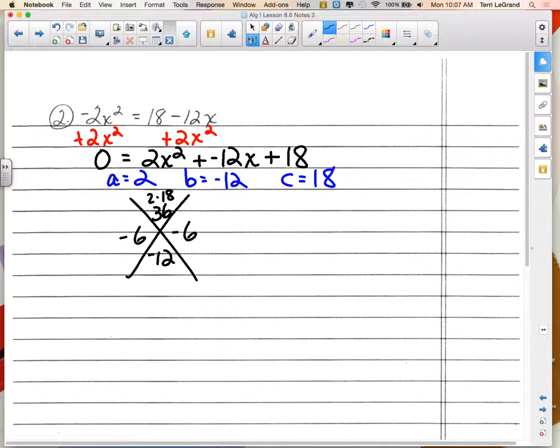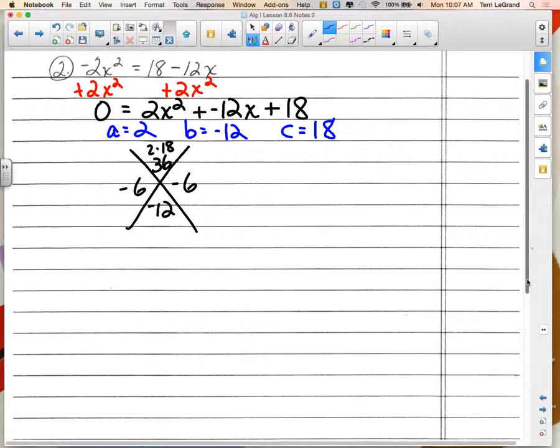We have to replace the middle term, so we are going to have 0 equals 2x squared plus negative 6x plus negative 6x plus 18. We have to have a 4-term polynomial. We're going to factor by grouping.